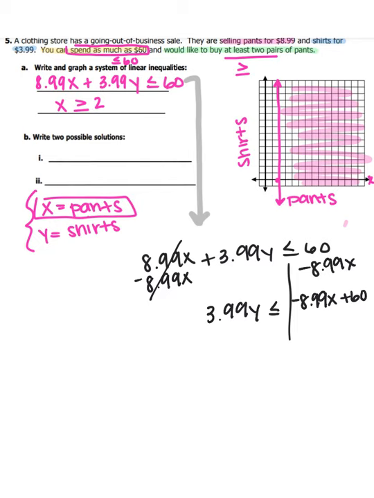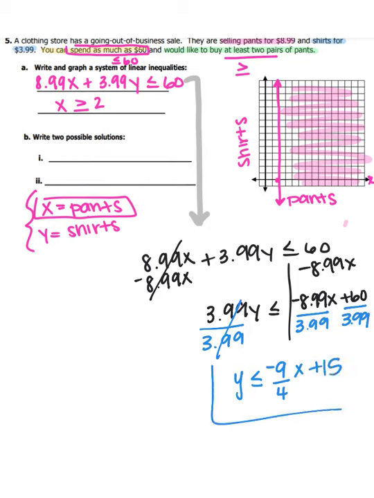Then I'll divide everything by the $3.99 in order to get that y all by itself. When I do that, I end up with y is less than or equal to negative $8.99 divided by $3.99. Put that in a calculator. It should tell you it's negative 9/4, and then 60 divided by $3.99 is 15.